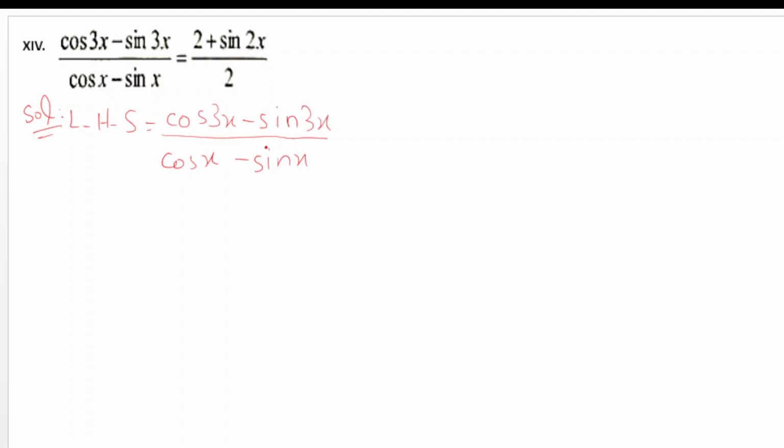So I will just do like this. I will solve from this step, a little bit long question. Cos x, just do like rationalization, but not exactly. Sin x over cos x plus sin x, like this. Okay. So I hope you understand this.